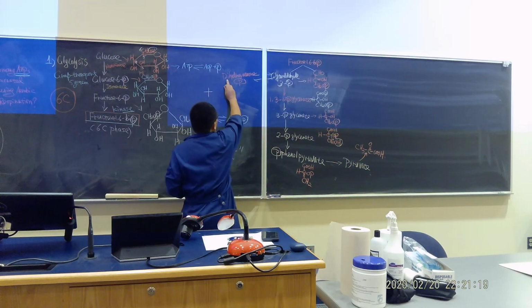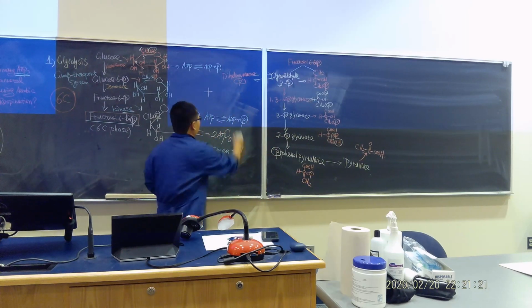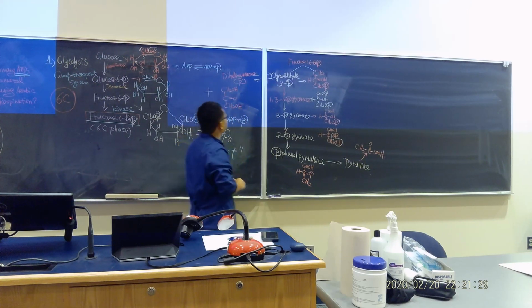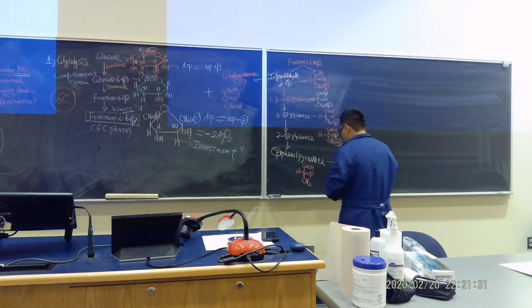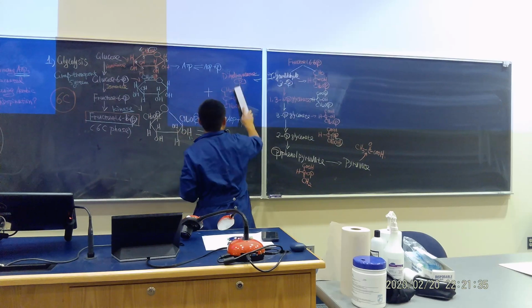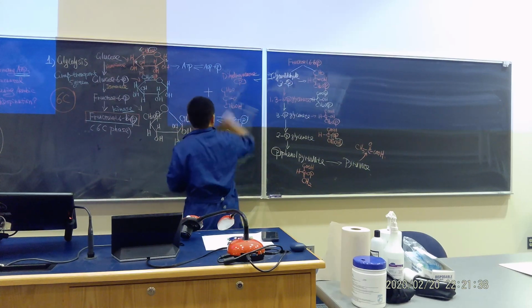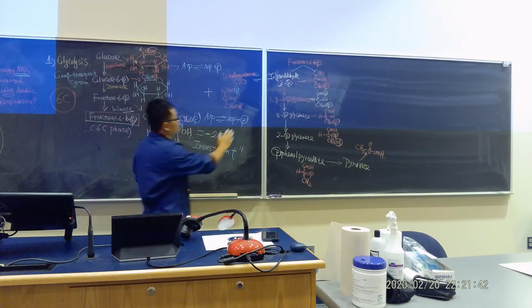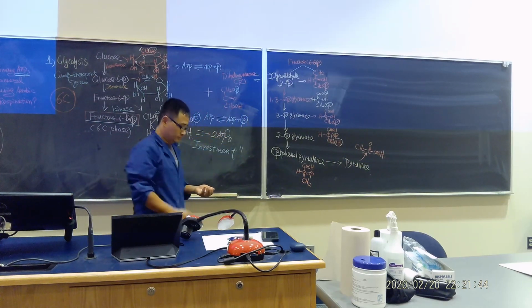Okay, what is dihydroxyacetone? This is dihydroxyacetone. Then what is dihydroxyacetone phosphates? Take out of this guy. Become a phosphate. Okay, but this is a transition step, so we don't talk about this too much.